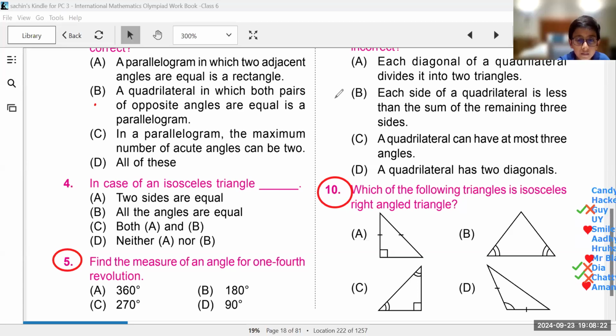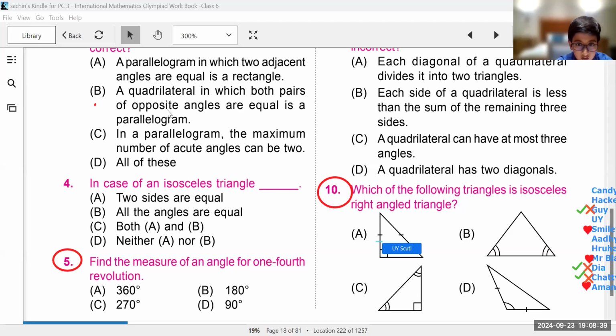Sir, what does that line mean that is there in the center? Which line, beta? Sir, can I annotate? Yes, yes, yes.